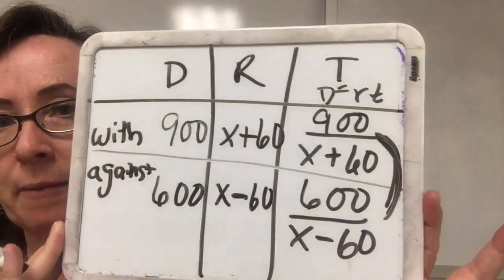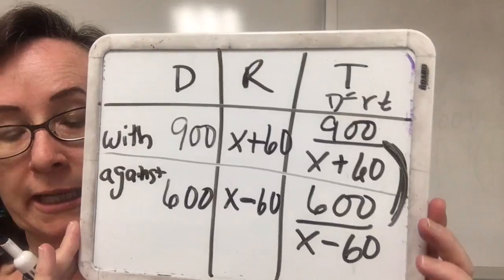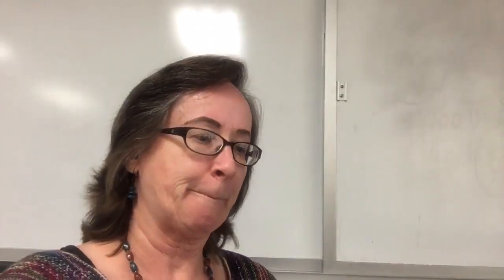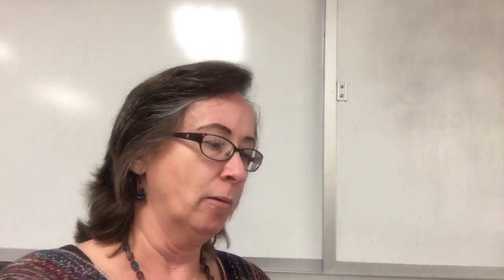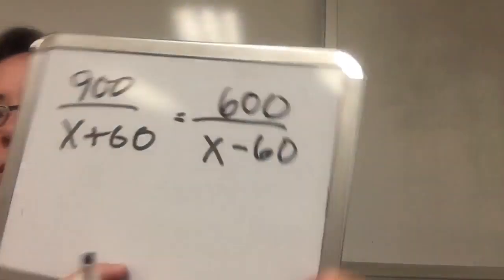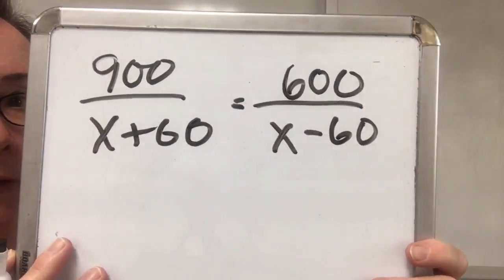So now I'm going to take my two expressions for my time and set them equal to each other. And so I had 900 over x plus 60 is 600 over x minus 60. So those are my two expressions set equal to each other because the problem said the same amount of time.